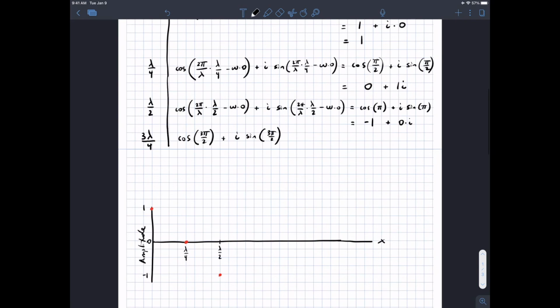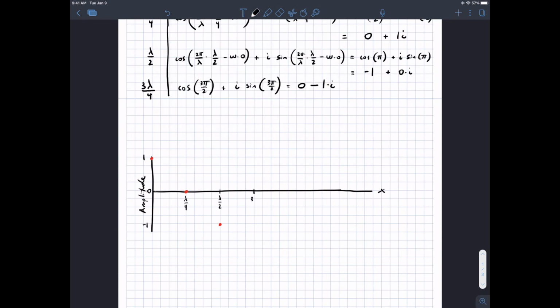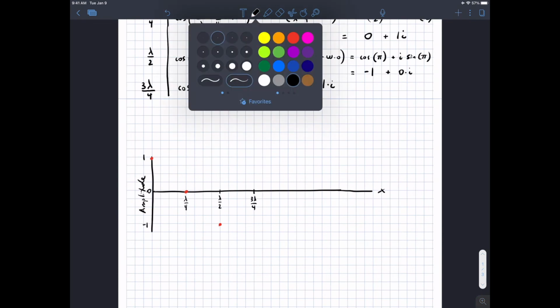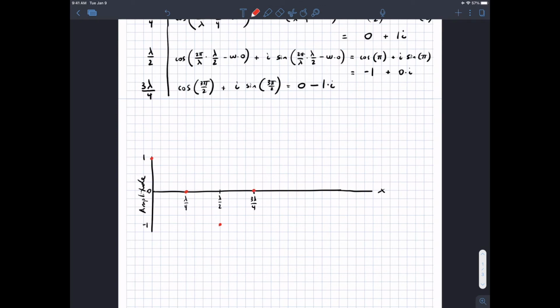And the cosine of 3 pi halves is 0, whereas the sine of 3 pi halves is -1. So at 3/4 of a wavelength, the real portion of our wave function is back to 0. And then if you get out to 1 full wavelength, you are cosine of 2 pi plus i times sine of 2 pi radians, and that is back to 1. Okay, so we have been through one wavelength of the wave.